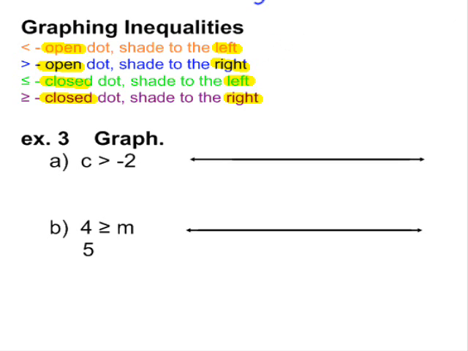Let's look at our first A example here for number 3. We've got c is greater than -2. We're going to be using a number line. If you'll remember, if we have a number line here, typically we have 0 in the middle. When we go out from there, the numbers on the right side of the number line are the large numbers, and the numbers on the left are where all of our small numbers are when we have the negatives.